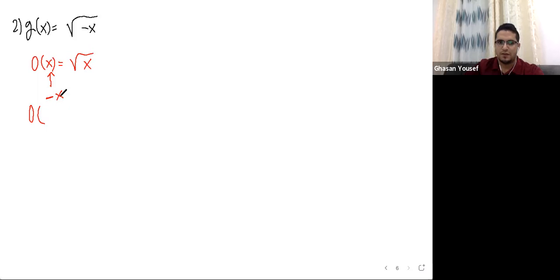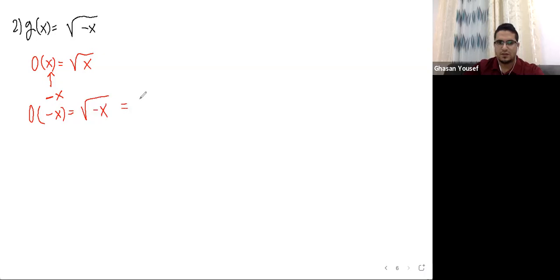What if you substitute instead of x another value like this? f of what? Minus x, exactly. And f of minus x, you have to plug it inside the original. It's the square root of what? Minus x. Now this square root of x is the same as this. And this, the square root of minus x, equal g of x.